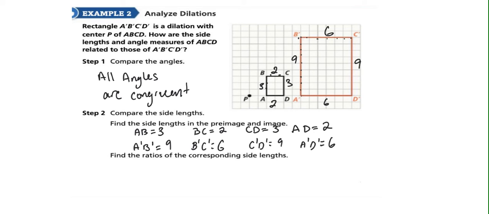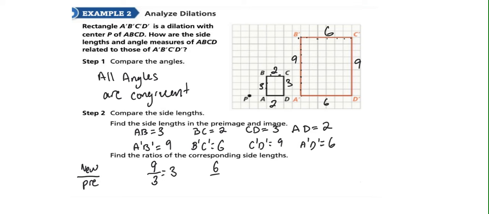Now we're going to find the ratios of all the corresponding side lengths. AB corresponds with A prime B prime. So let's make the ratio, with the primes first, so new over pre. The new distance would be 9 over the pre distance 3, which reduces to 3.